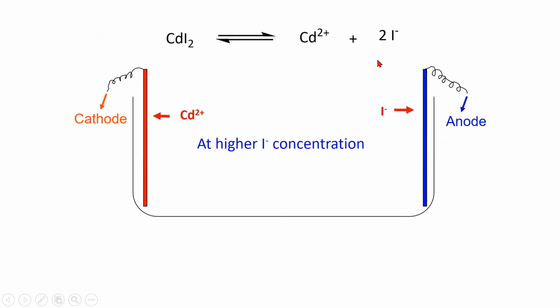At a higher iodide concentration, CdI4 2 negative is formed. So CdI4 2 negative starts moving towards the anode.